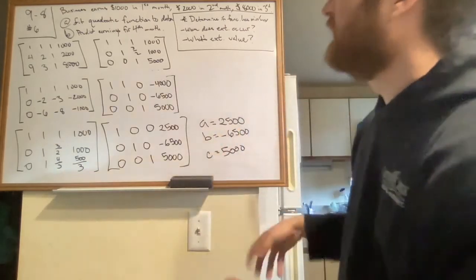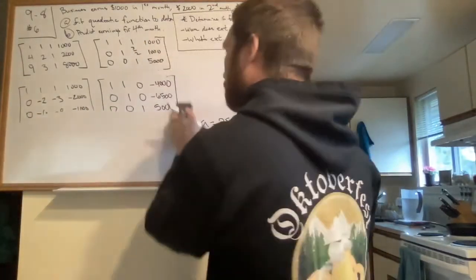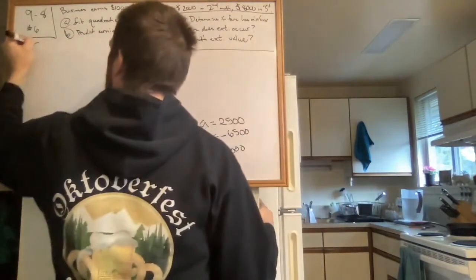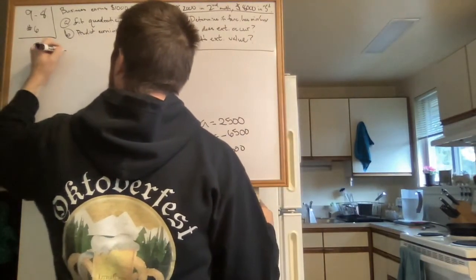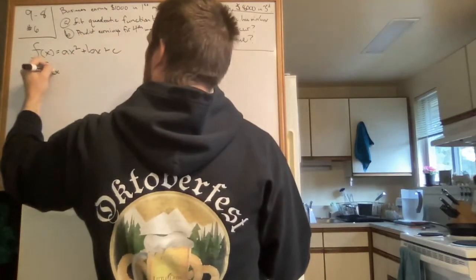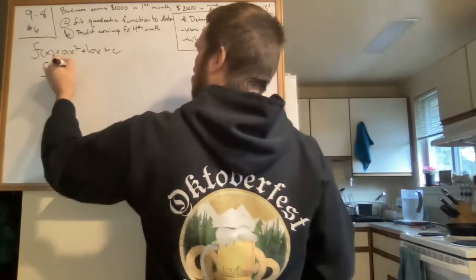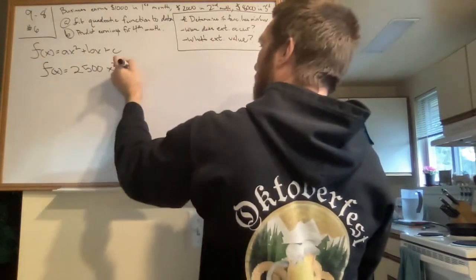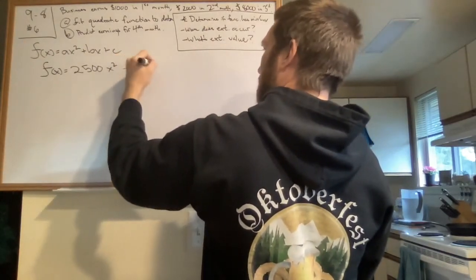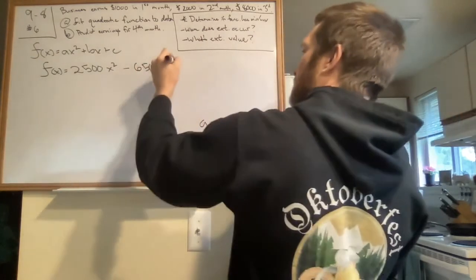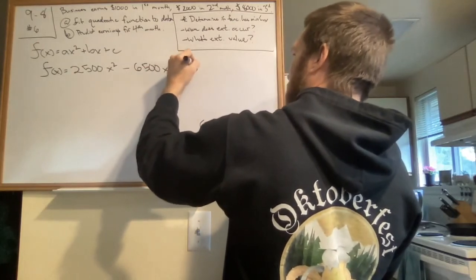So finally, our original function that we were using to model the data, ax squared plus bx plus c, we found that a is equal to 2,500x squared, b is -6,500x, plus c is plus 5,000.